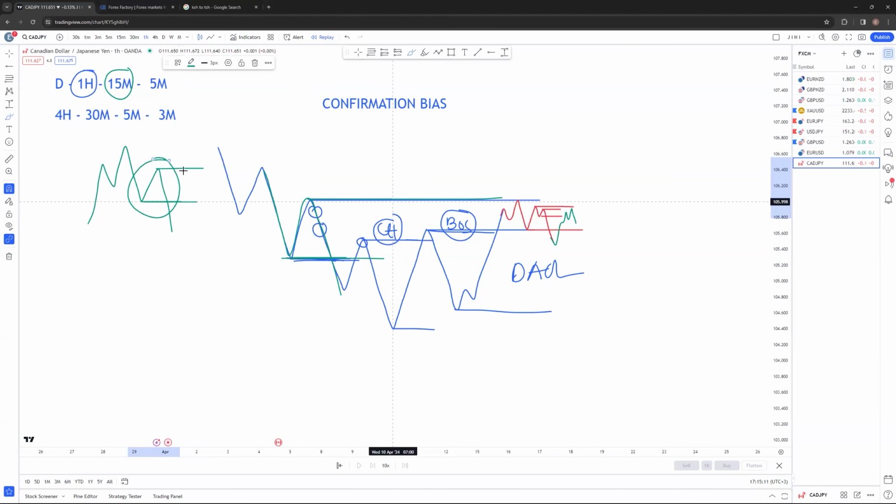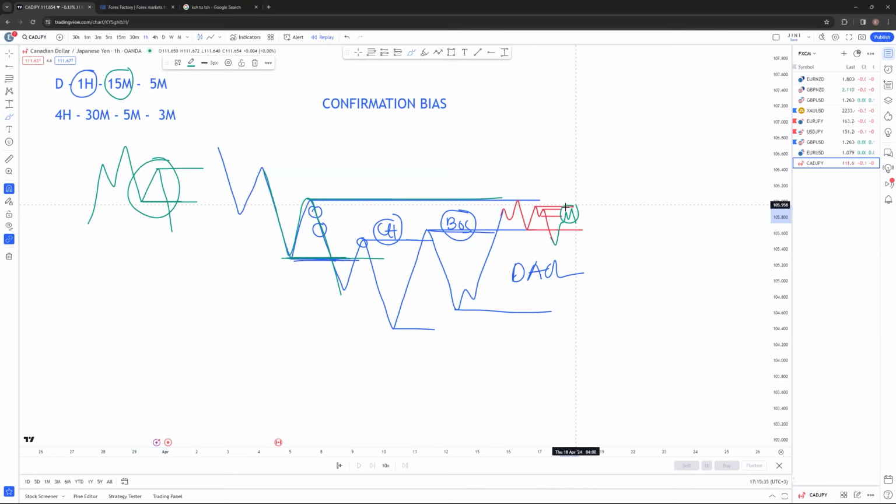Yeah, we're together. So after that, what we have to see in the 15 minutes in order for us to confirm that this is the perfect area to take the entry, we have to see also the price after reaching this area.